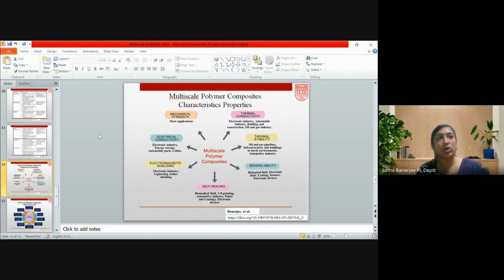So if we are talking about electrical conductivity, people working with the polymer matrix are adding carbon nanotubes.